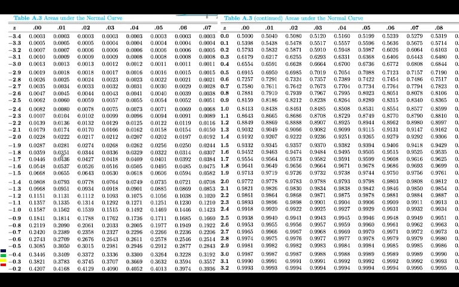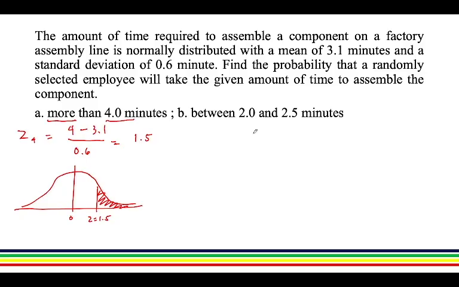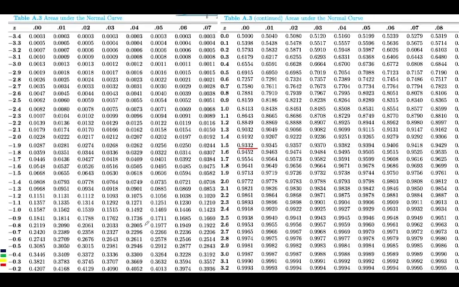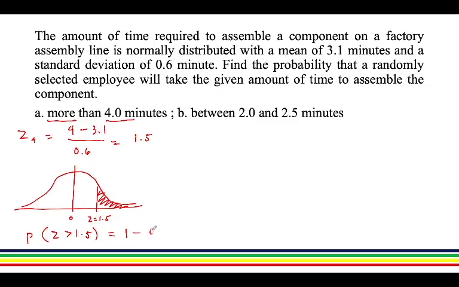From the table, 1.5 is equivalent to 0.9332. So the probability that z is greater than 1.5 is equivalent to 1 minus 0.9332.